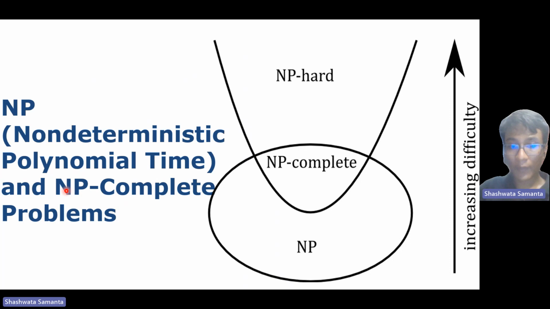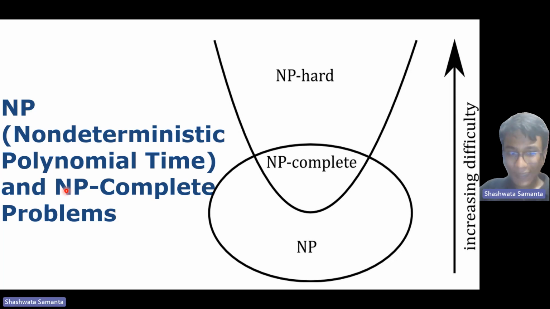While NP stands for non-deterministic polynomial time, it does not necessarily imply that the problem can be solved efficiently. Rather, NP focuses on the ability to verify a given solution efficiently. If a potential solution is provided, we can check in polynomial time whether it is correct or not. However, finding the solution itself may require much more time.